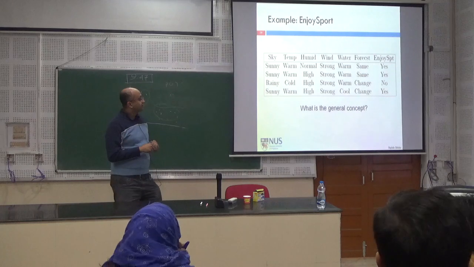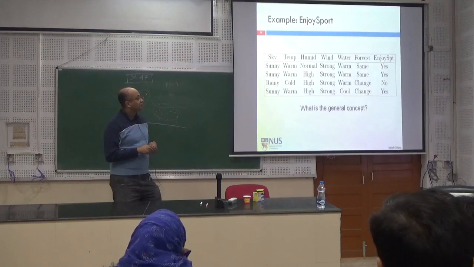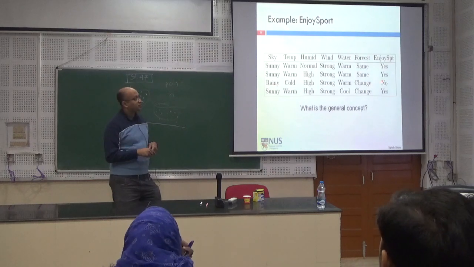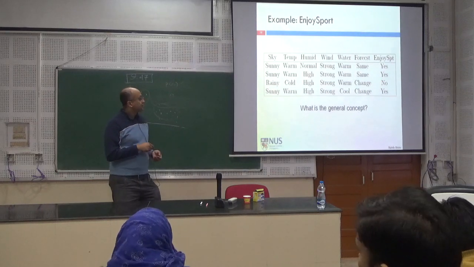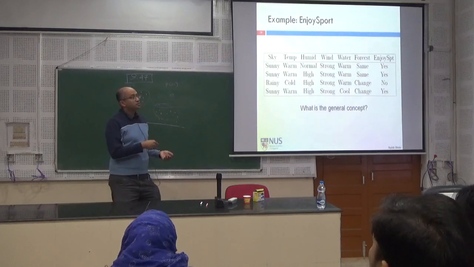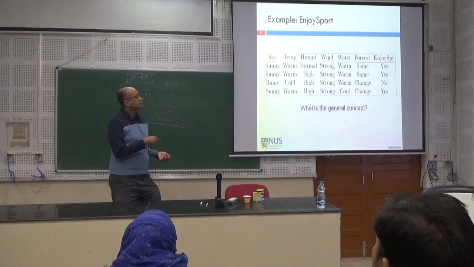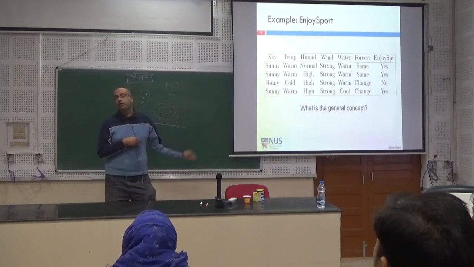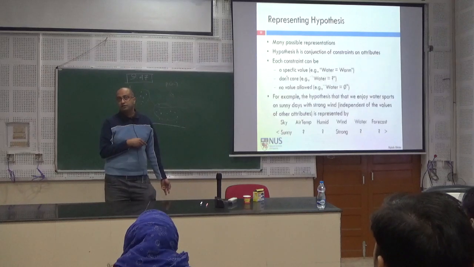Works. Sunny, no, not satisfied, so I put in no, that's okay. Sunny, strong, yes, that works. And if I just look at sunny, that also works. So both of these hypotheses will satisfy my training data.